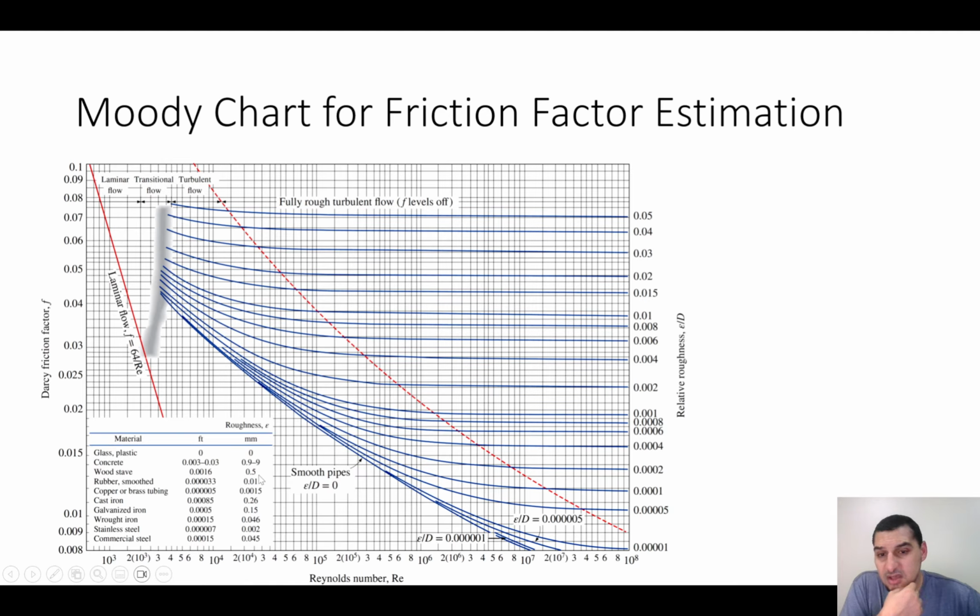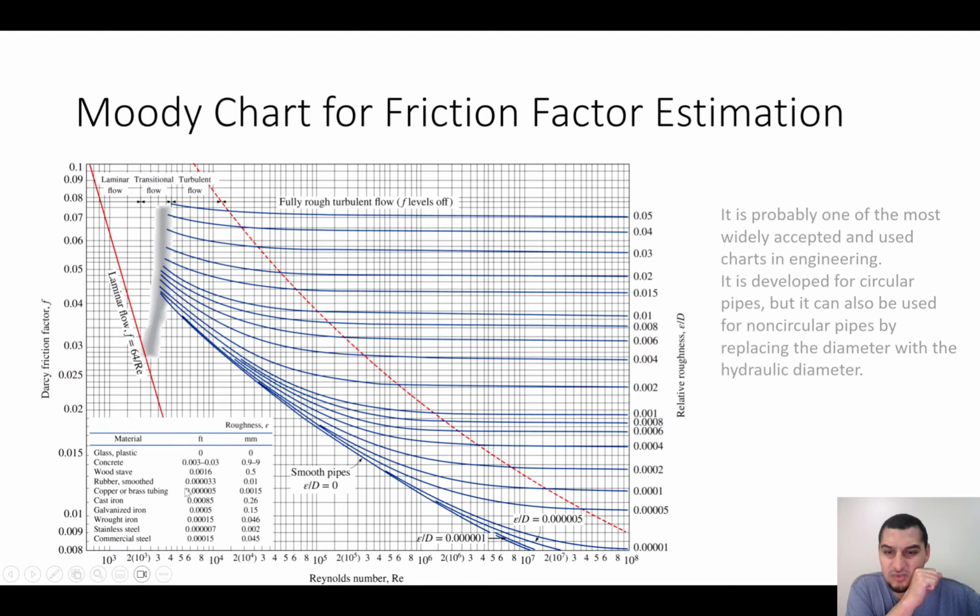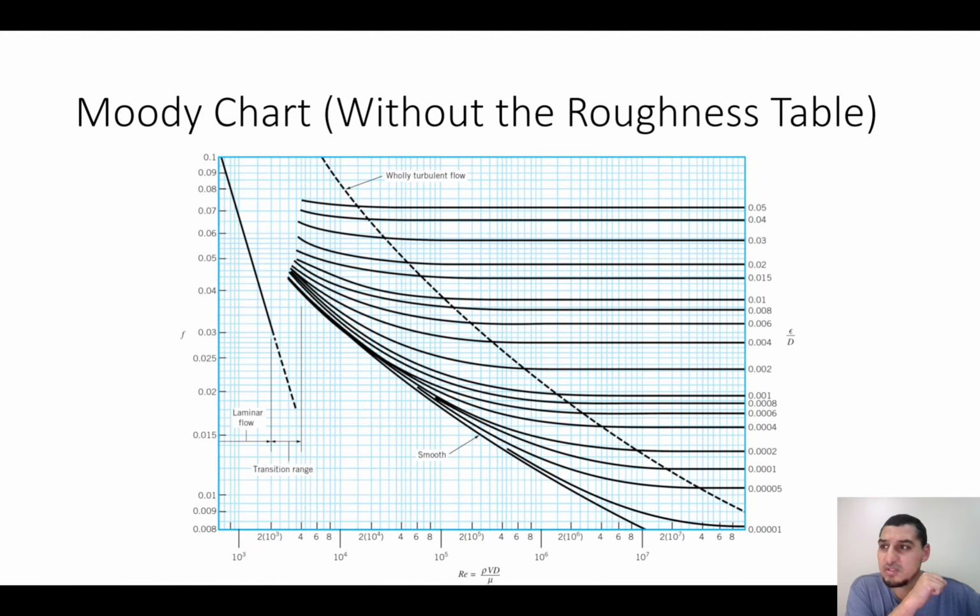So it's the same thing, but I prefer to go for the second chart because this table will make it difficult to find the correct spot. So anyway, here we have 2.5 times 10 power 5, so this is 10 power 5, 2 times 10 power 5, this is 3 times 10 power 5.